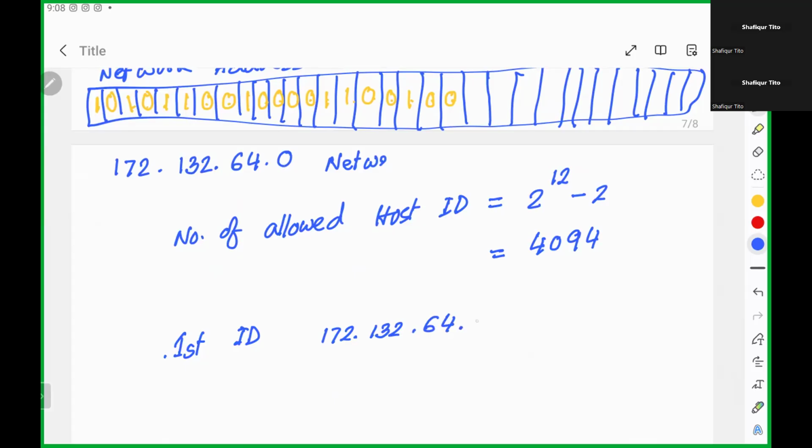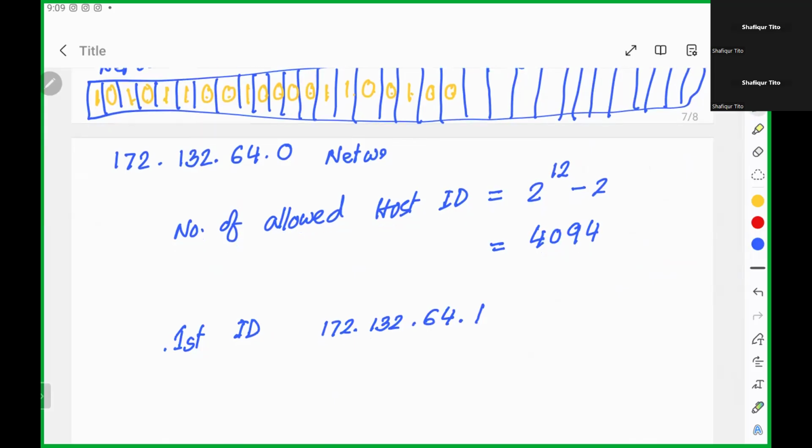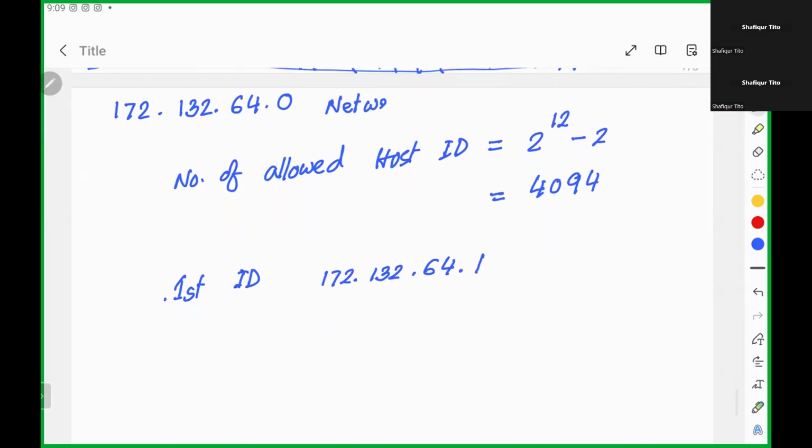I don't need to write the 0, so I can write down this one as 1. So this is my first ID. But for the last ID, definitely the last bit will be 254. That will be the last ID.